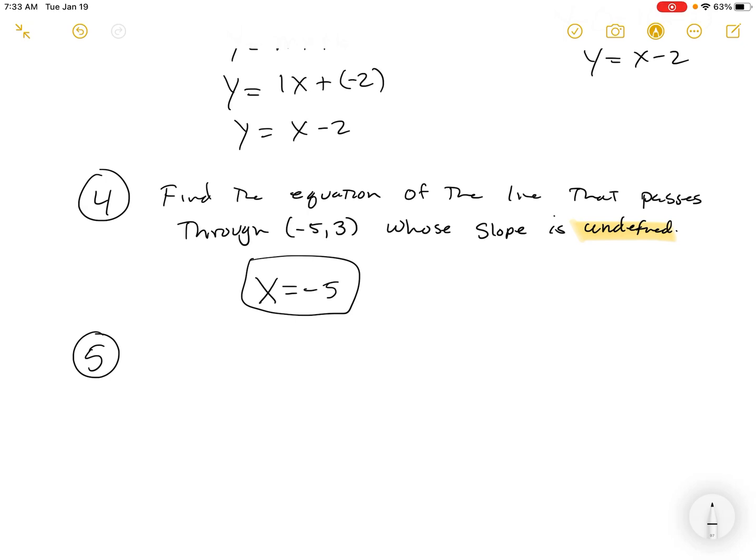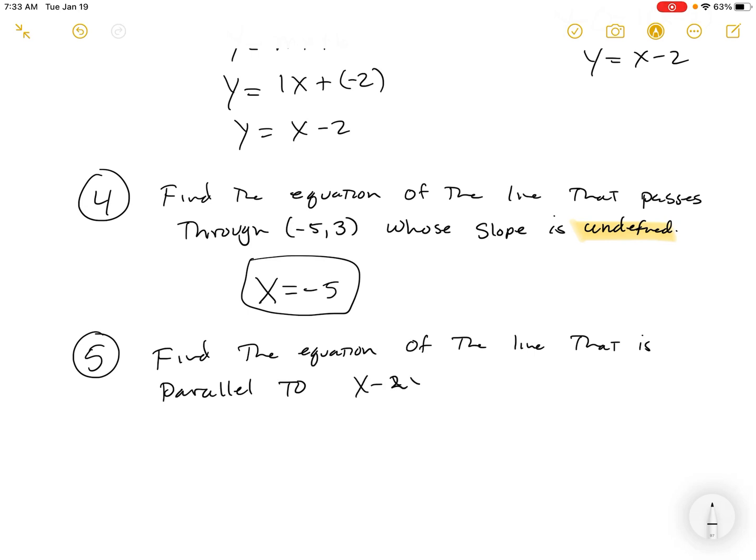What about something like this? Find the equation of the line that is parallel to x minus 2y equals negative 1 and passes through 4, 3.